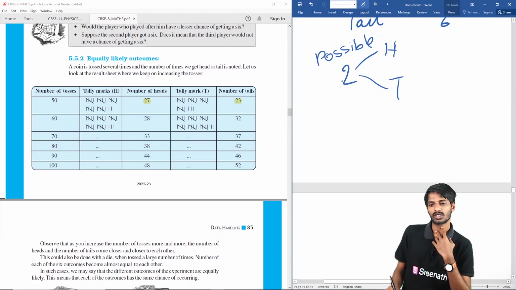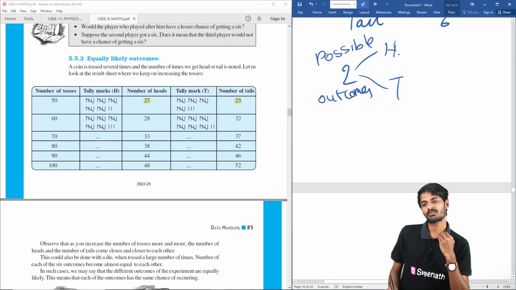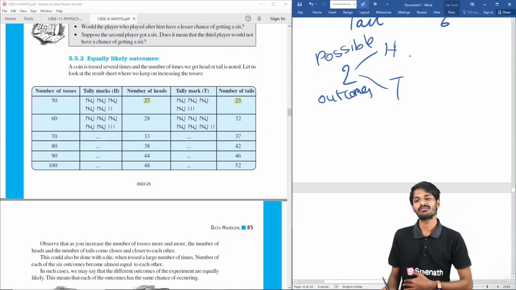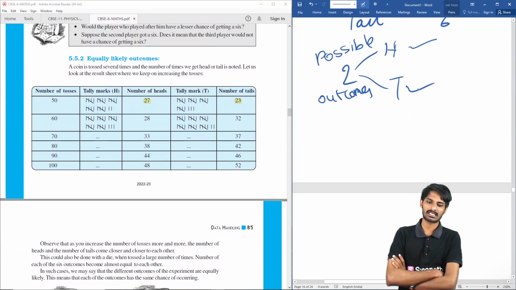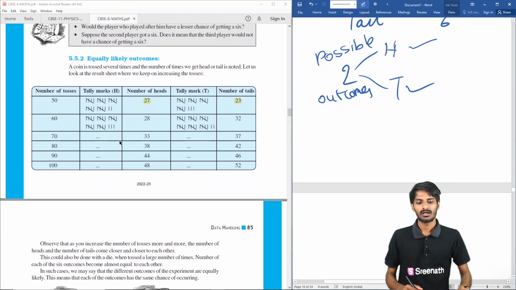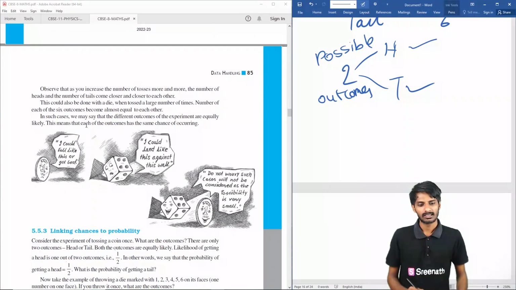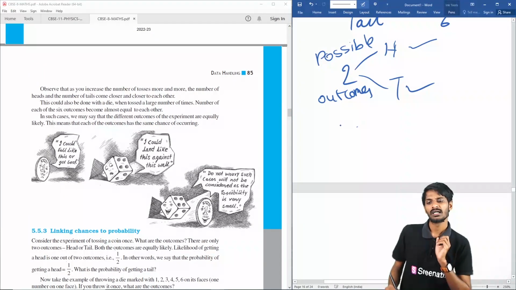These are the two possible outcomes, and the chances of these outcomes become almost equal as the number of tosses increases. How much chance is there for head, and how much for tail? Both are the same. This happens in the case of dice also.